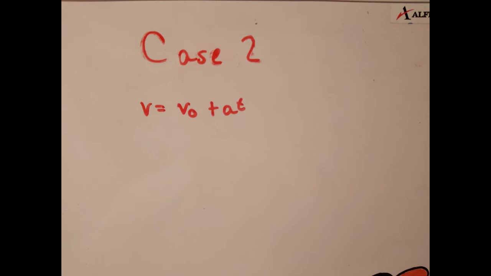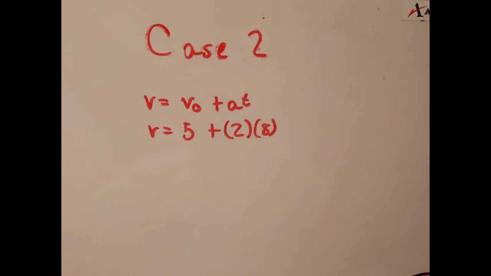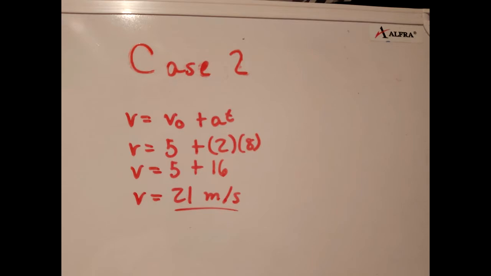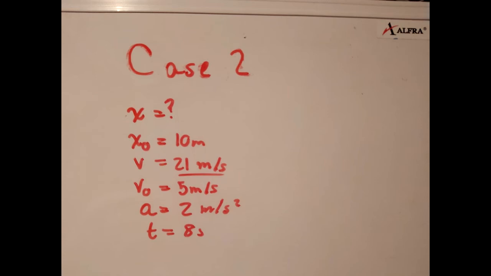So once we have our formula written down, what we must do now is to replace our variables with our already known values. And then we start solving until we get our final answer, which is 21 meters per second. Now our only missing variable is final position, which we're going to find right now.